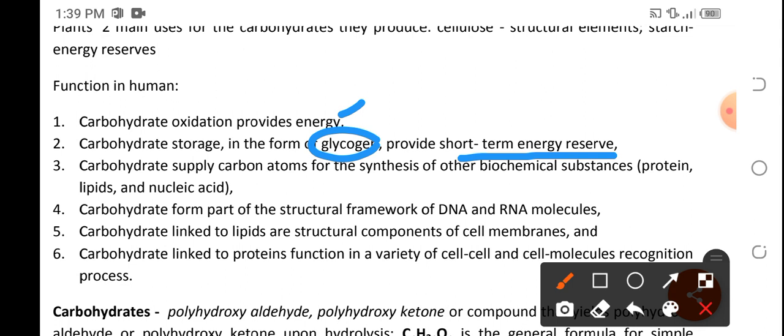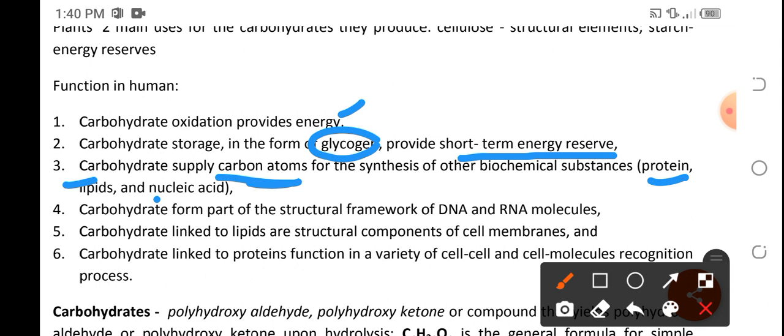Also, carbohydrates supply carbon atoms for the synthesis of other biochemical substances such as protein, lipids, and nucleic acid. So, since maraming carbon atoms sa carbohydrates, pwede silang ma-synthesize or ma-convert into these other bioorganic molecules.